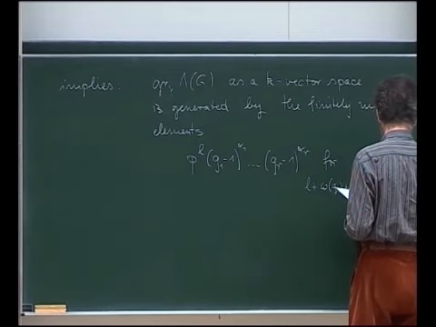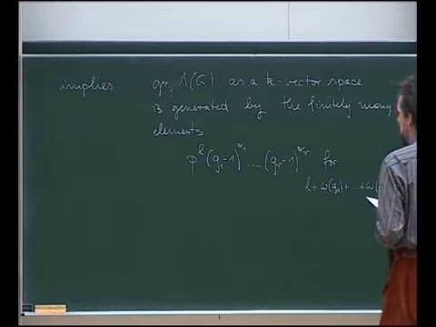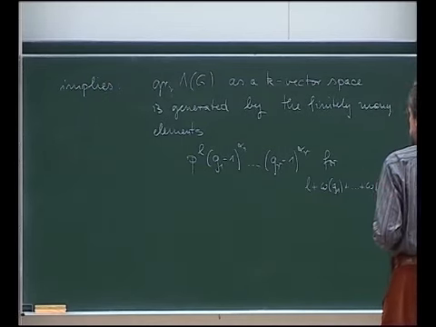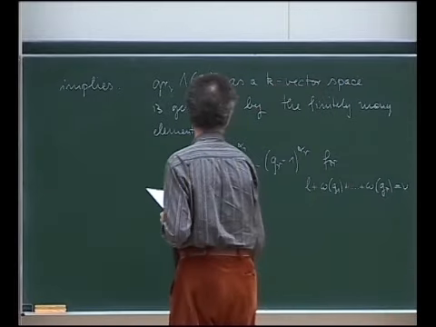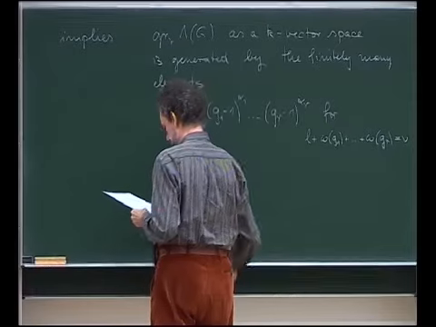So it has to sit in the right degree. This means that L plus omega G1 plus omega GR is equal to mu.